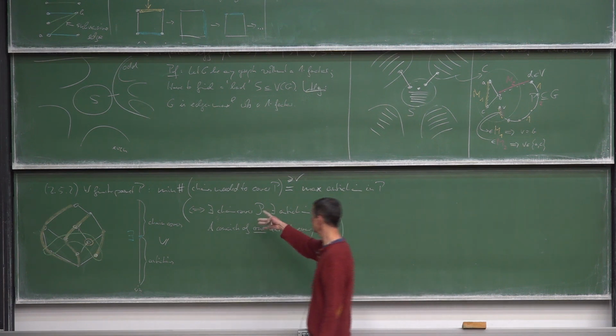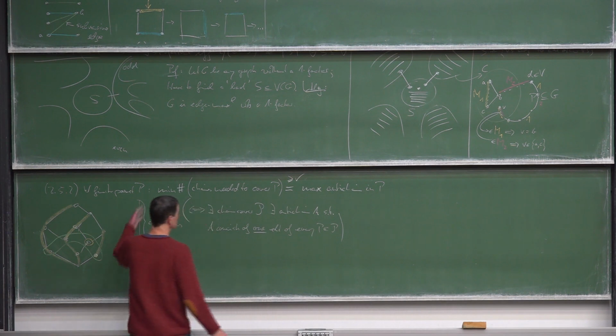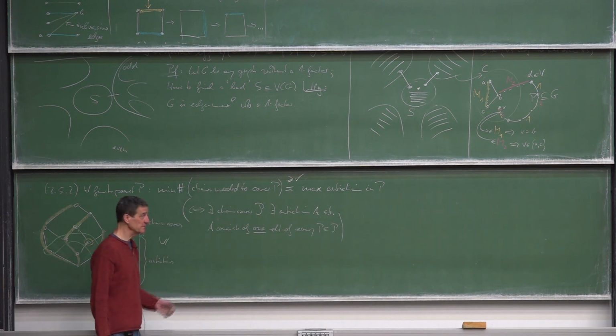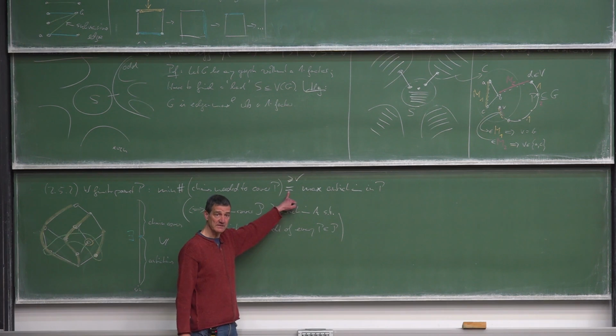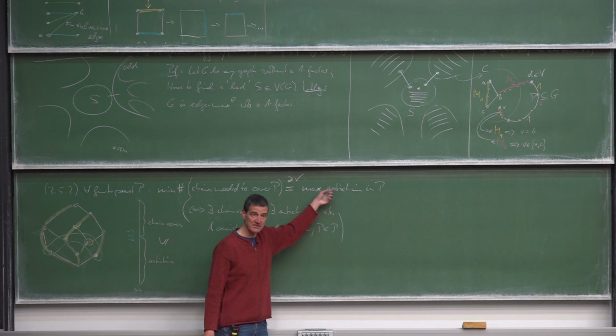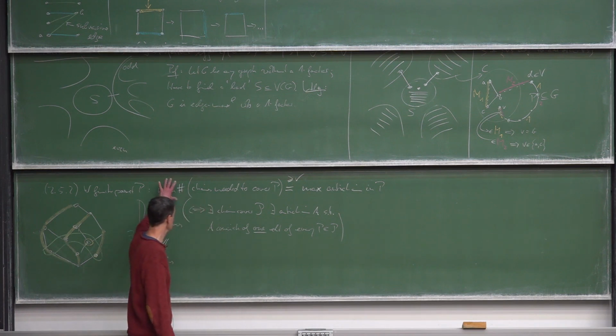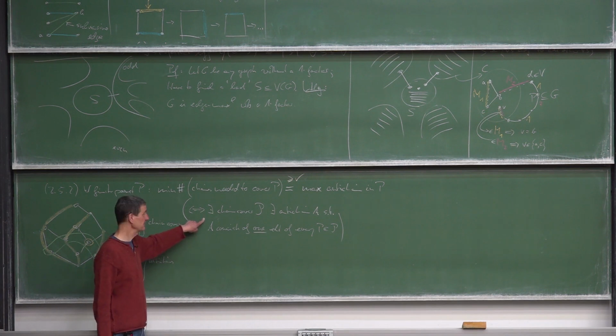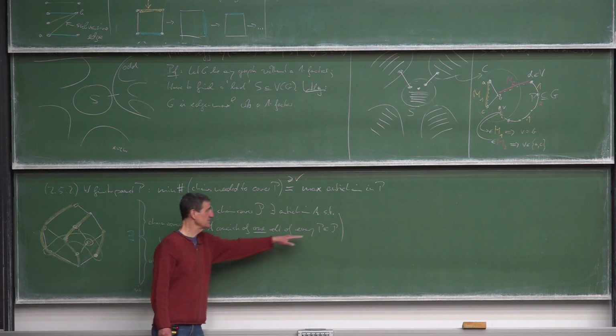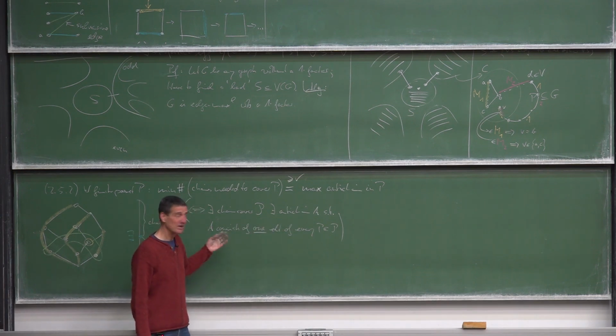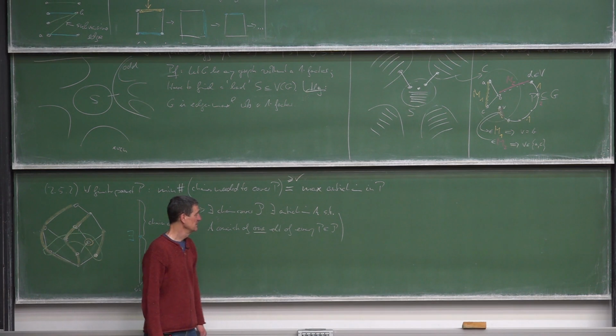Right, so that clearly follows. If these numbers are the same, then there exists, take any maximum antichain, take any chain cover of smallest possible size, then they have to satisfy this.